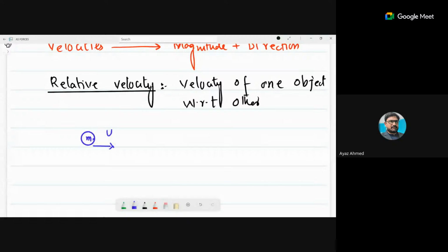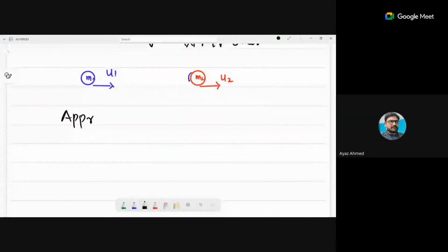If they are going to approach each other, the condition for approaching is that u1 must be greater than u2.